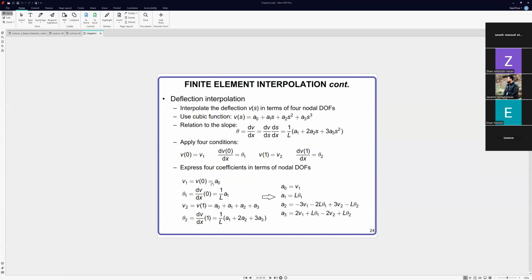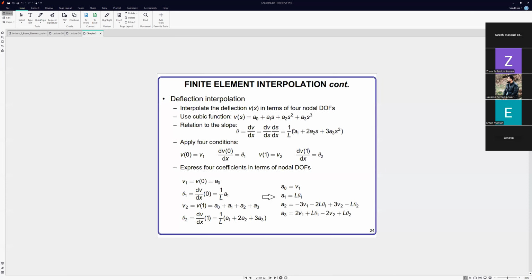V1 at 0 is equal to a naught. This is important. And theta, dv over dx, is equal to 1 over L times a1, because here s is equal to 0.